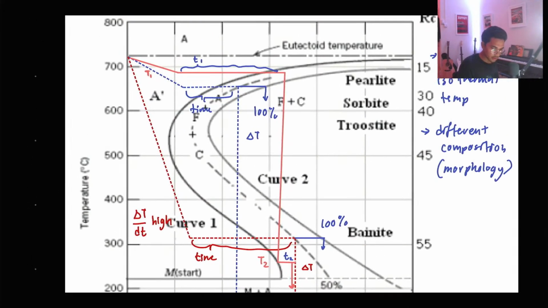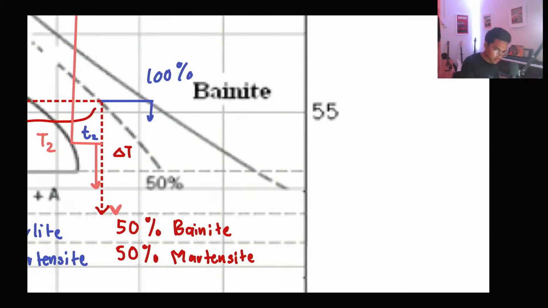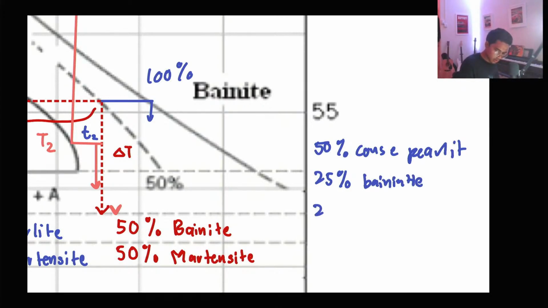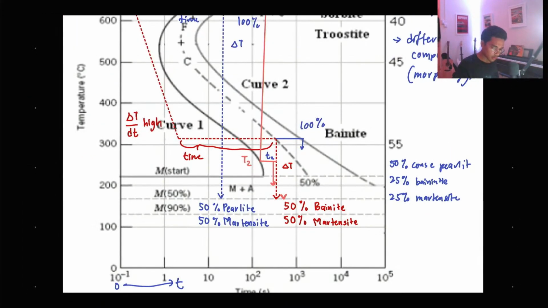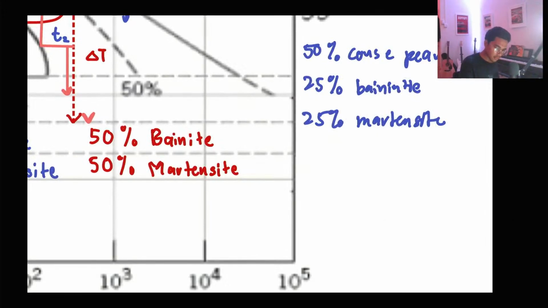So there are two steps if you want to achieve 50% pearlite, 25% bainite, and 25% martensite. Okay, so I think that's how you do it. The curve would look like this.